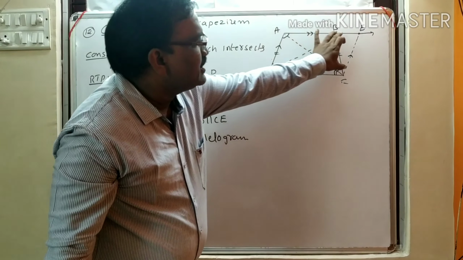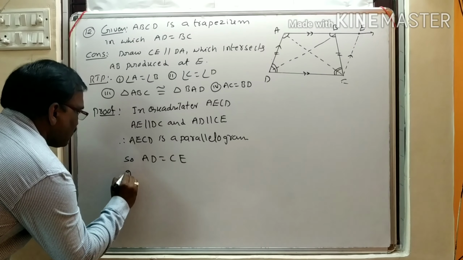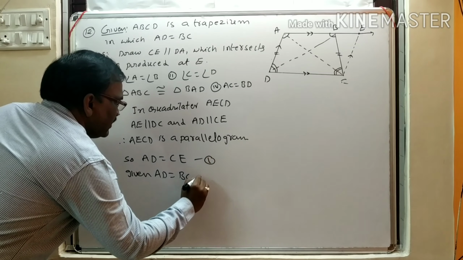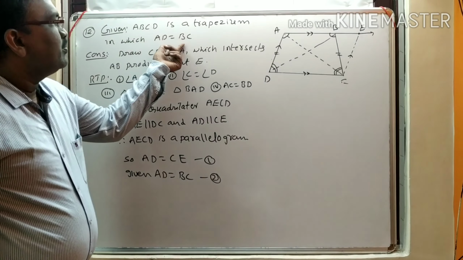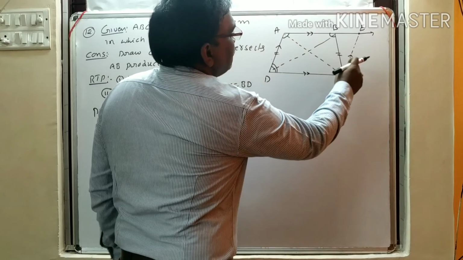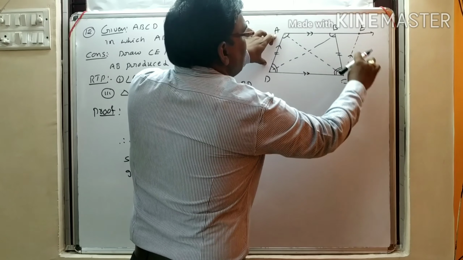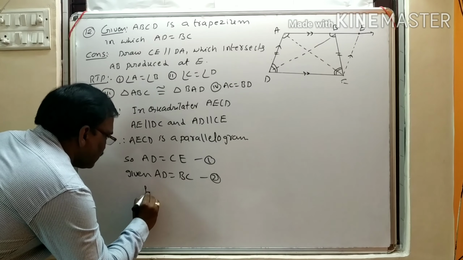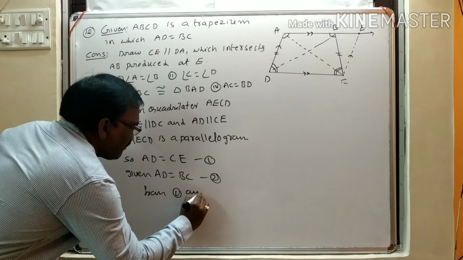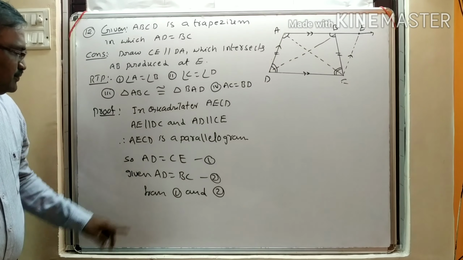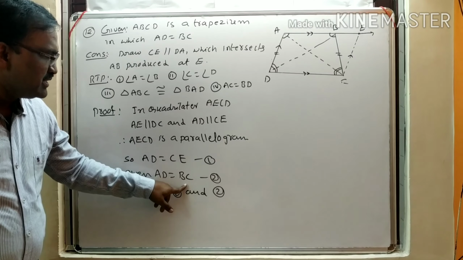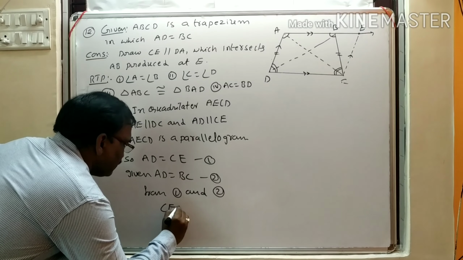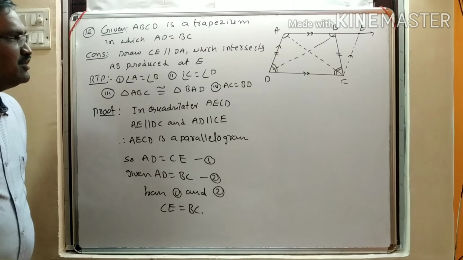But given AD is equal to BC. Now AD is equal to CE and AD is equal to BC. From these two conditions, from 1 and 2, you can write CE is equal to BC.